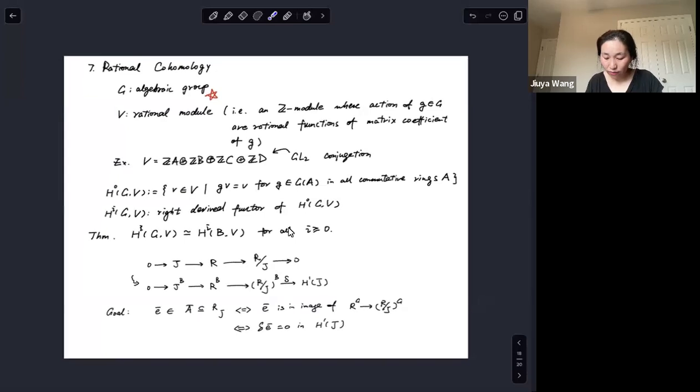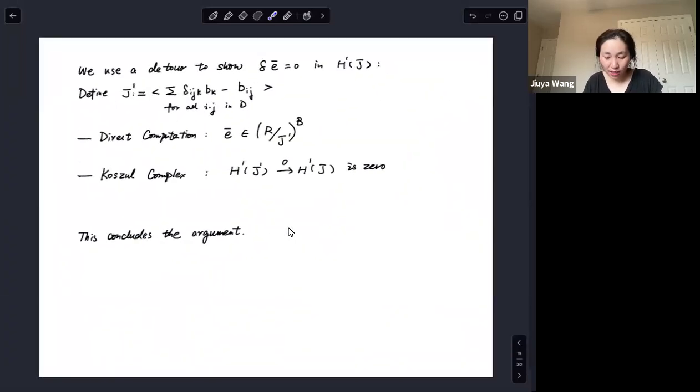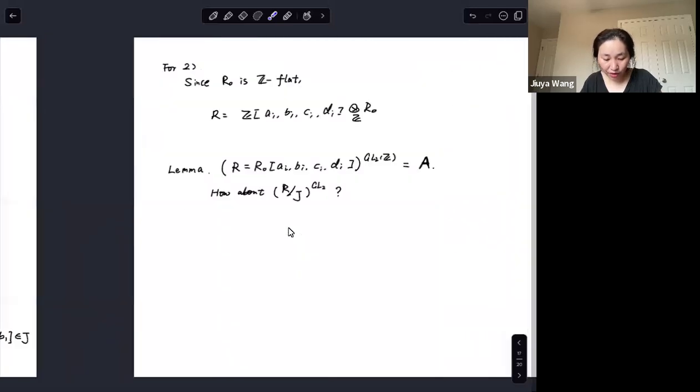And now, to show that delta of E bar is equal to 0 in the H1 of J, this is done via a detour to look at another ideal called J prime, which is just a sub-ideal, a subset of J, where we only take the relators associated to the B entries for your chosen D. And remember that we have done this previous calculation.